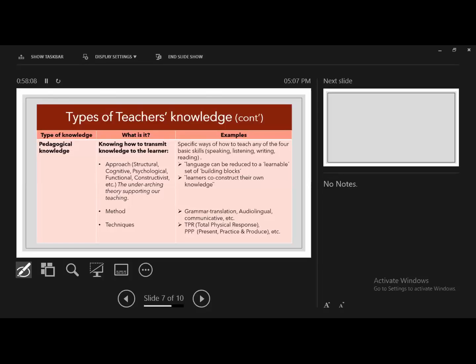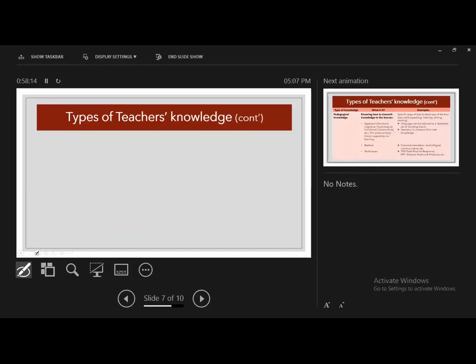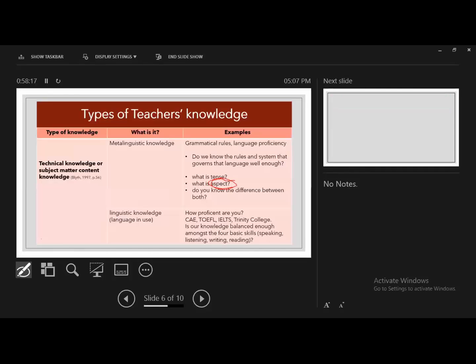The subject matter or technical knowledge, which is the previous one we saw, is the what. This is the what we need. What is important to get good metalinguistic knowledge, good linguistic knowledge, okay?